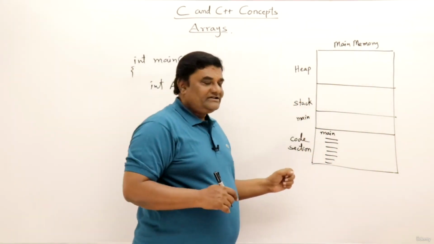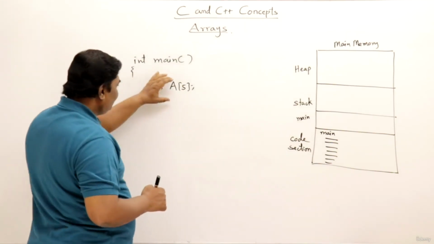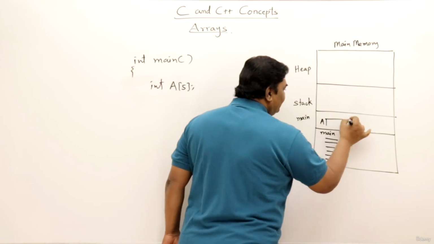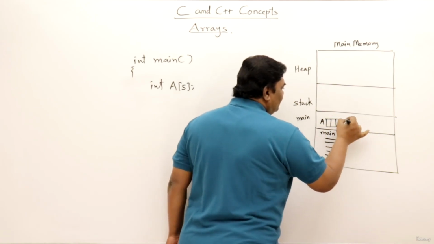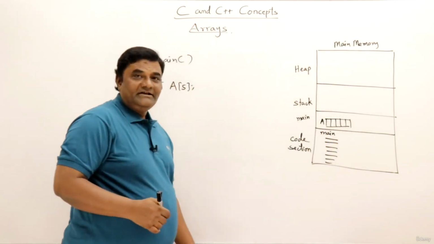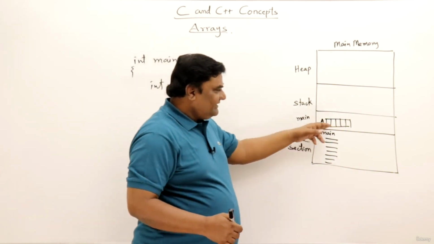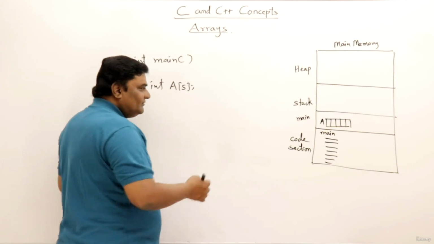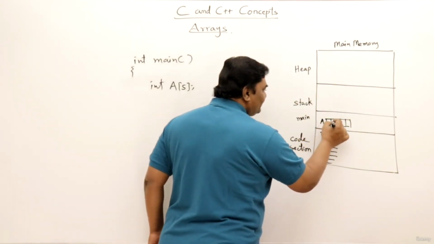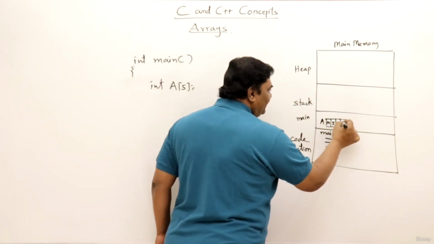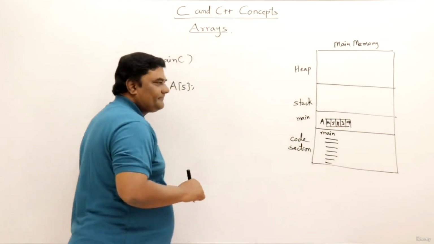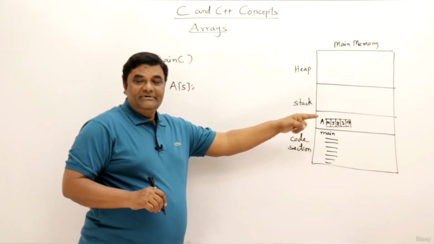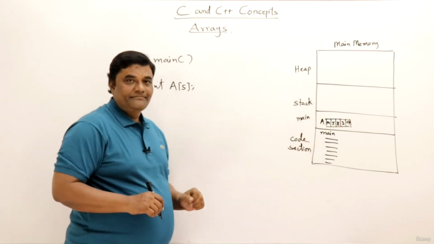The program will be inside the code section, and when any variable is declared, like an array is declared, that array will be created here inside the stack. This is where the array will be created, and that array will be directly accessible to the main function. And directly I can store the values, like I have already shown you. I can store some values 10, 5, 8, 3, 9. This is how I can declare an array, and I have shown you where the array will be created in the memory.